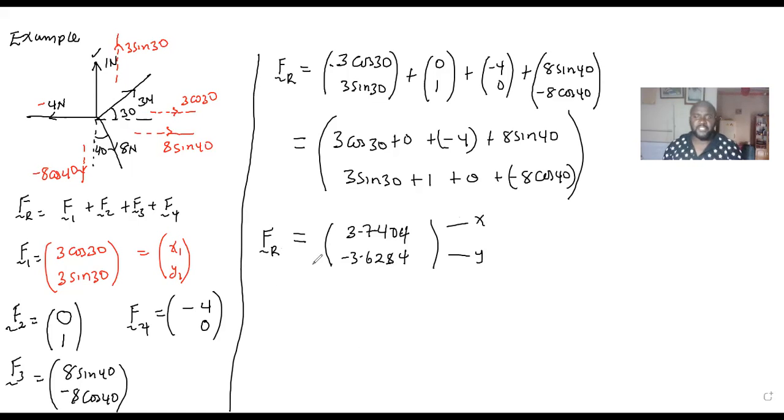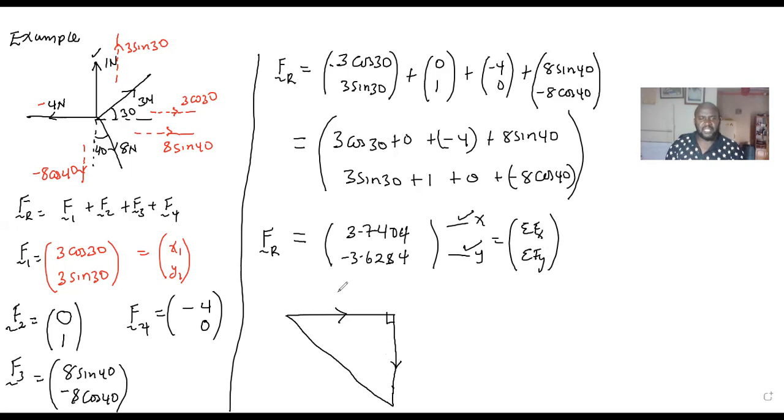That is the resultant force in vector form. This represents the x, this represents the y component. So we sketch the x in the positive direction, the y in the negative direction. Therefore, this is the same as having it in this form: sum of forces in x, sum of forces in y.